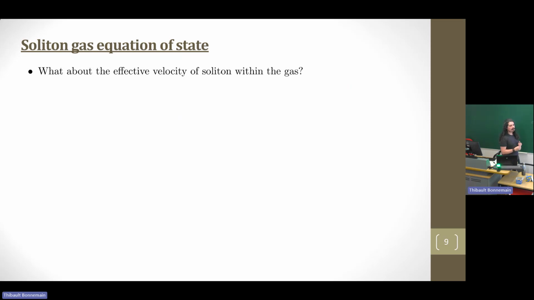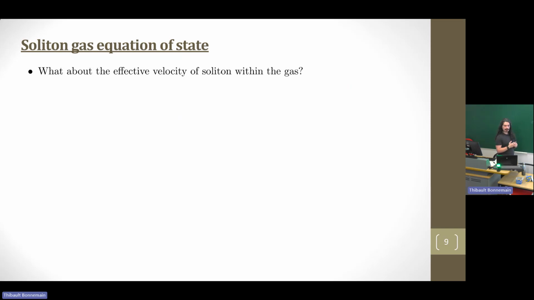And the first thing I need to look for is the effective velocity. So earlier when I talked about the rarefied gas, I told you that solitons within the gas don't exactly move at their velocity. The velocity is modified by the shift angle, and that should be even truer for dense gas, right?